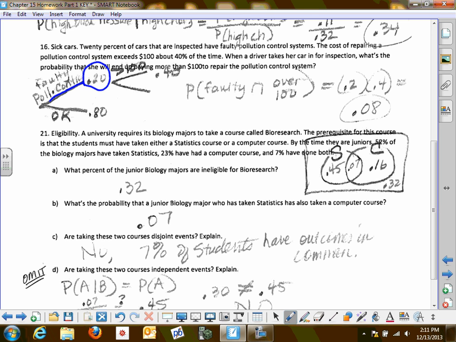So that's a 20% chance, and 40% of that time it's over $100. So this has to happen, and this has to happen simultaneously. Therefore, there's an 8% chance that when a person takes their car in, they will have to repair it, and it'll cost over $100.